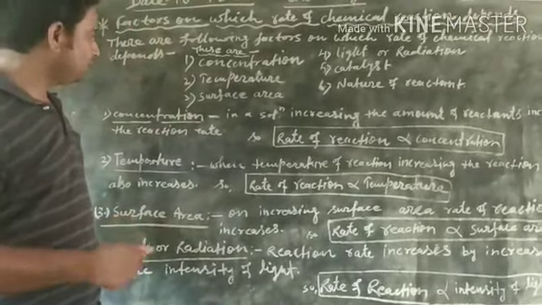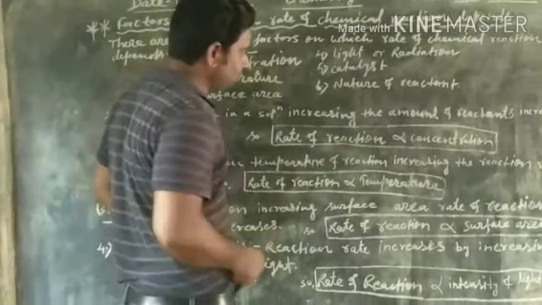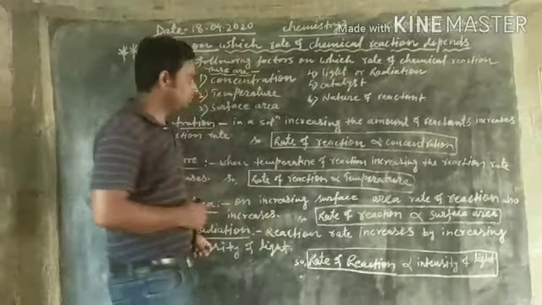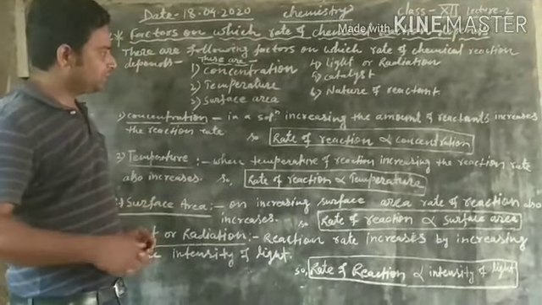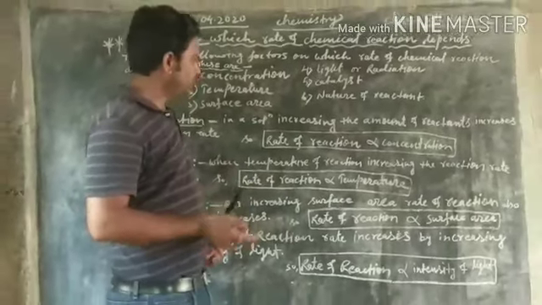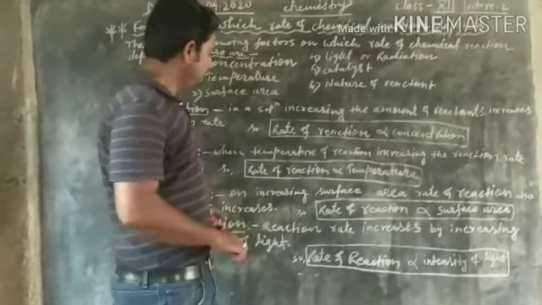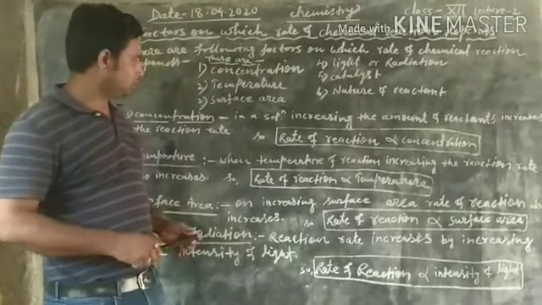It means that the rate of reaction is directly proportional to concentration. If we increase the concentration of the reactant, then automatically the rate of reaction increases. Okay.